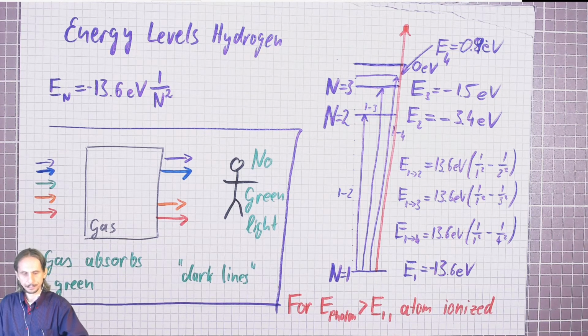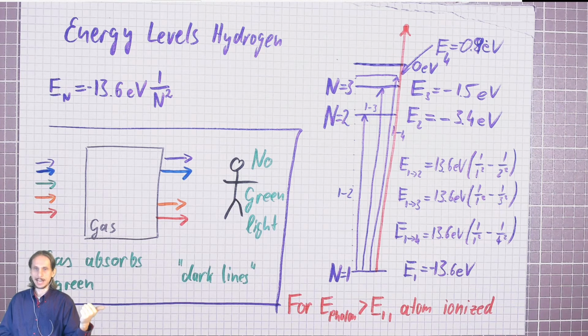So, to summarize what we have learned until now, the electronic energy of electrons inside atoms is quantized in discrete levels. Sending out light and absorbing light can only happen in discrete energy packets called photons.